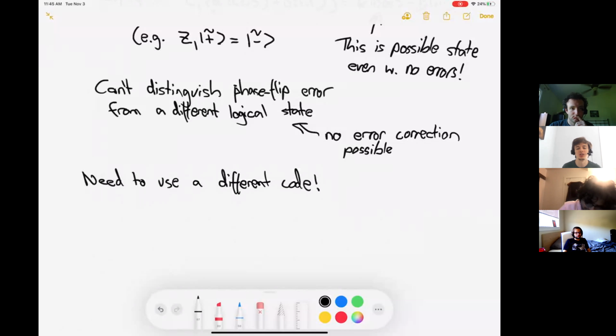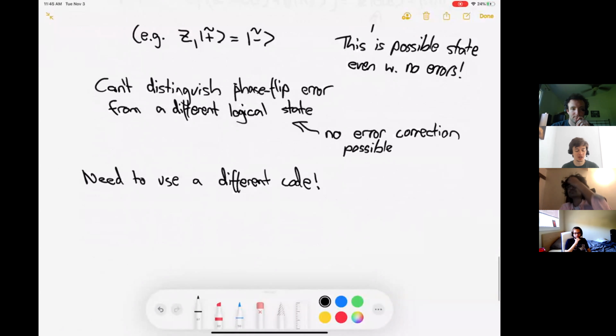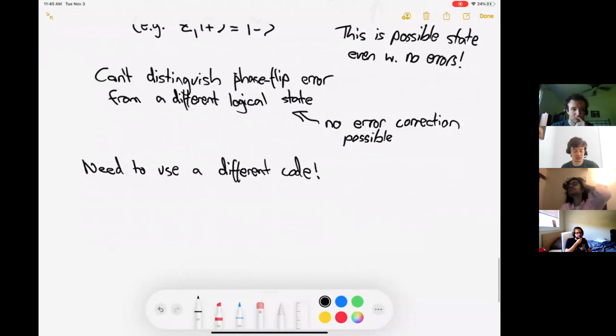What code should we use? Well, Z gates are just X gates, but thought of in the plus minus basis rather than the 0, 1 basis, right? So they're just bit flips from plus to minus and vice versa. And we know how to protect against bit flips.